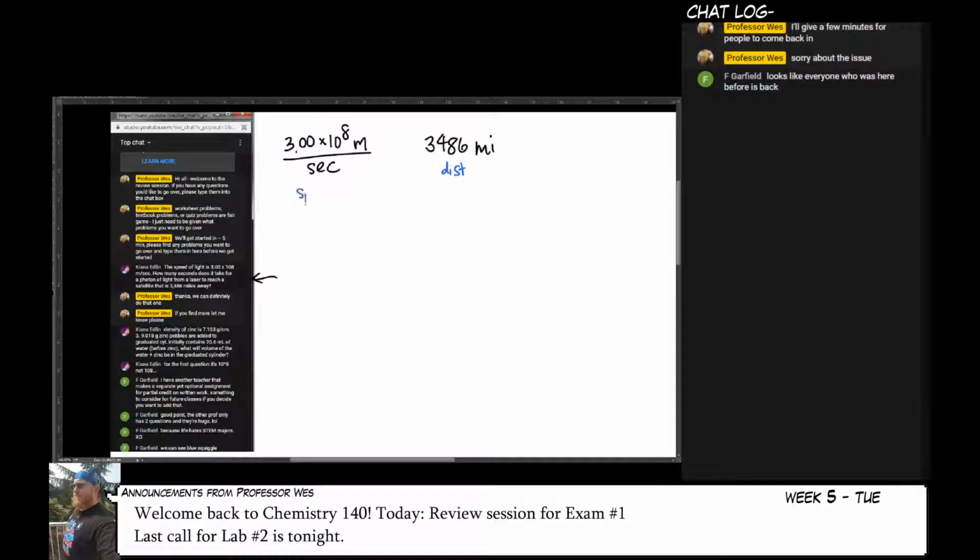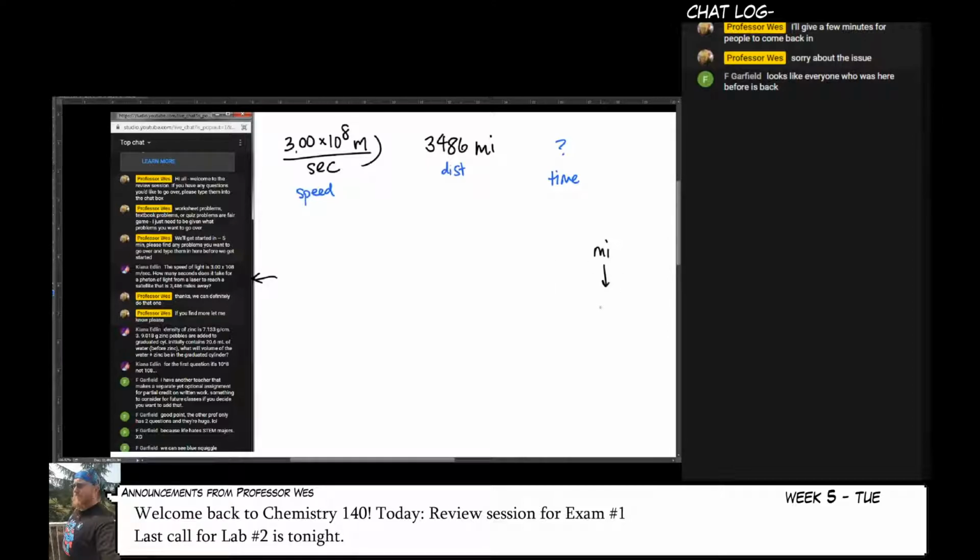And this is my speed. My question is asking me how long, so I need to figure out how long in time it will take for my photon to go this distance. So we're going to start with the number that we were given. We were given miles. My speed relates a distance to a time, but only if it's in meters.